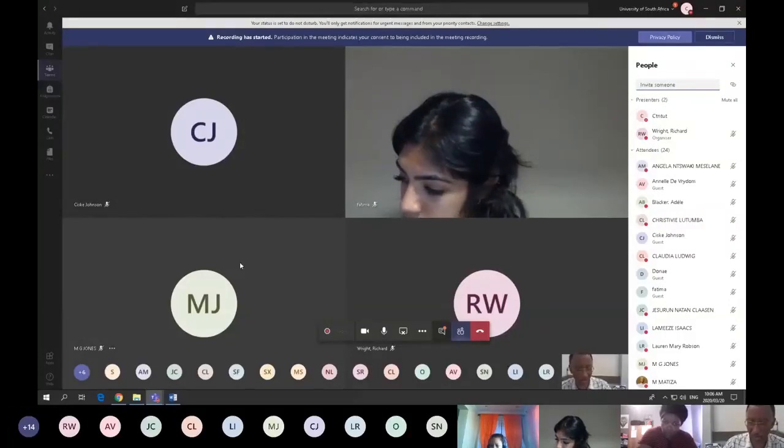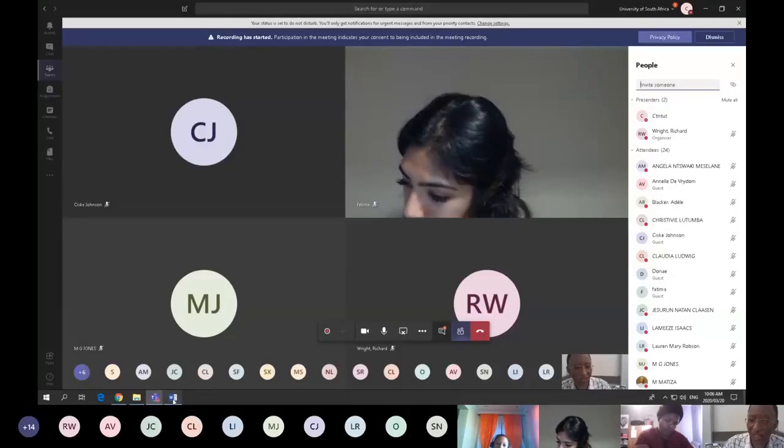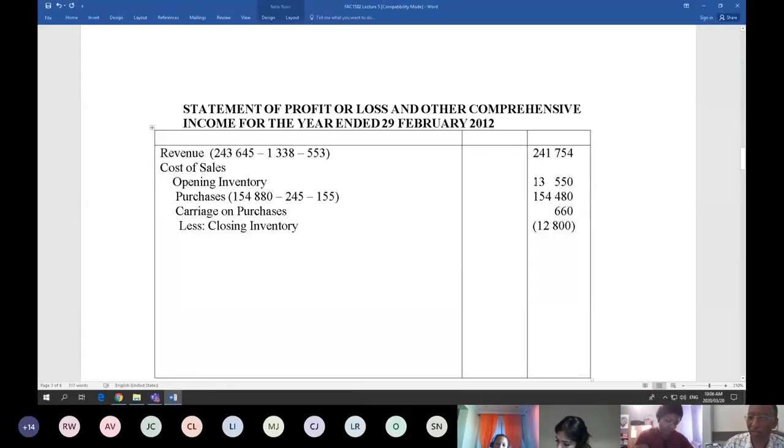Remember, your cost of sales is equal to the opening inventory plus the purchases. Now, when we talk about purchases, we are talking about net purchases. And net purchases is purchases minus purchases returns minus settlement discount received. Add your carriage on purchases and you subtract your closing inventory.